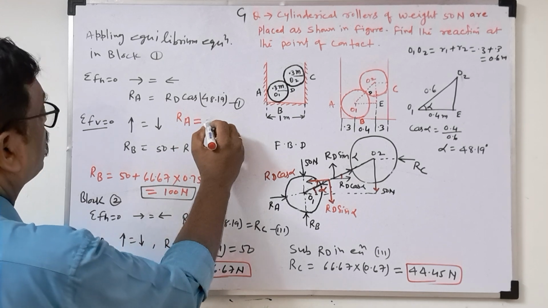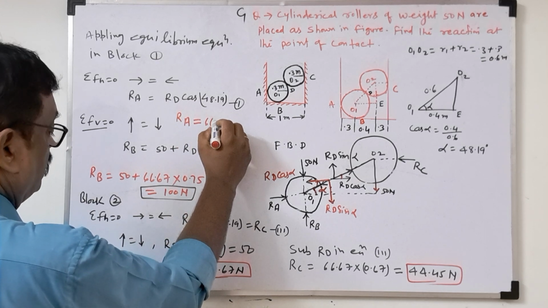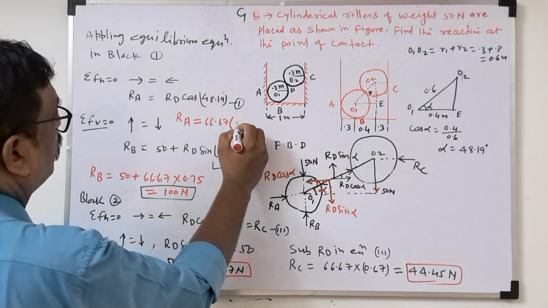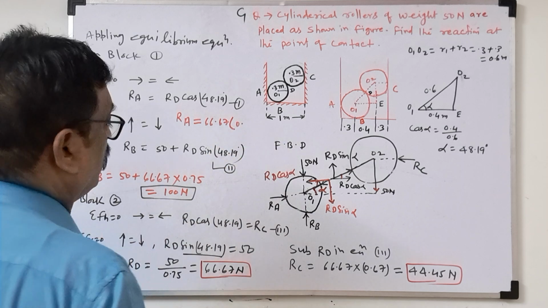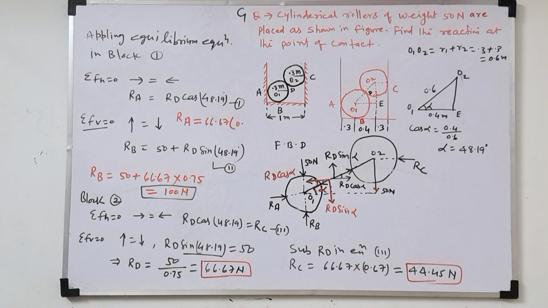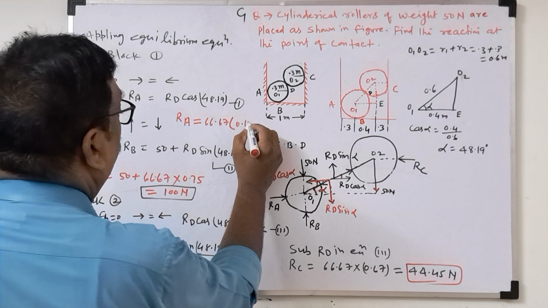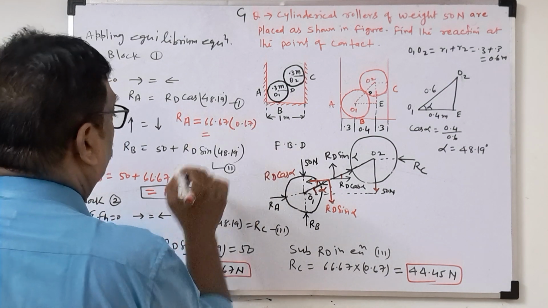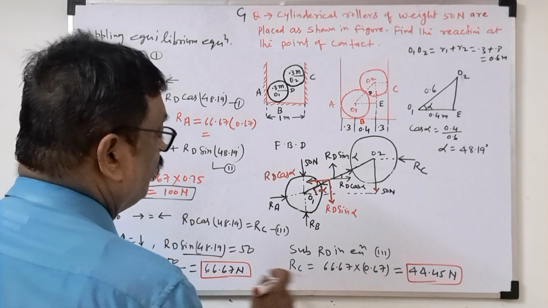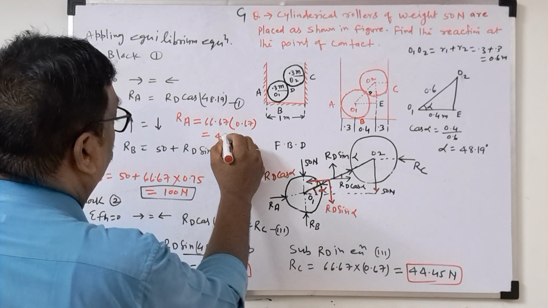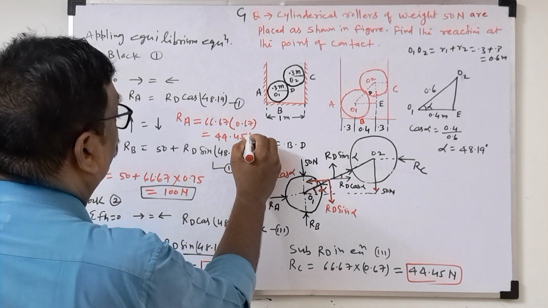Rd is 66.67 into cos 48.19, and that value is also 0.67. So this value will come the same, 44.45 Newton.